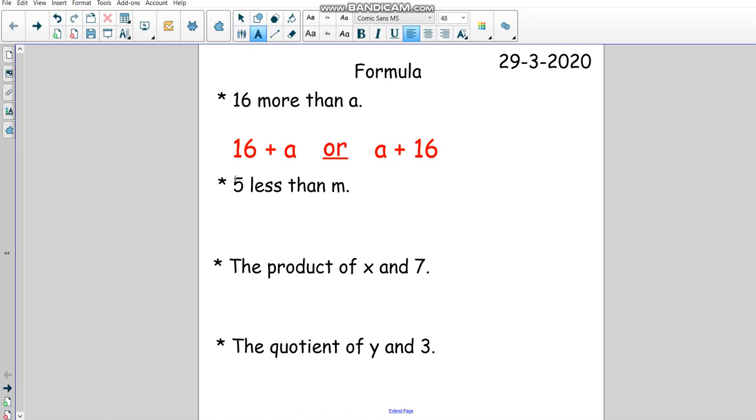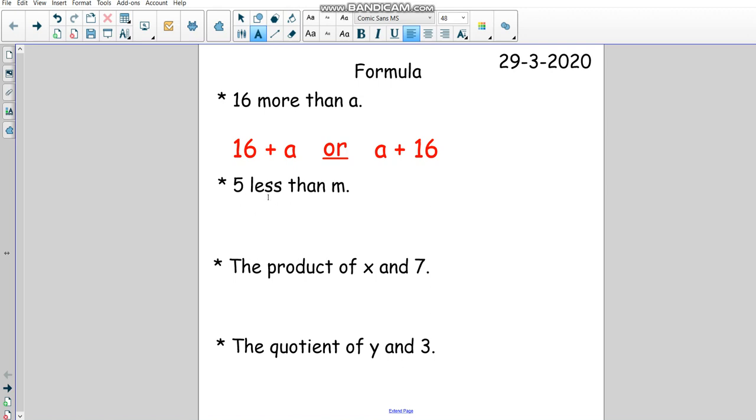Am I going to start with the 5 or start with the M? I will not have here or. Why? Because shuffling places in any subtraction operation always differs. So I have to read carefully and to understand what will be subtracted from the other.